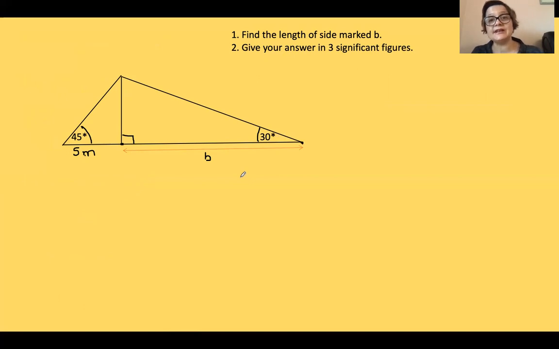And give your answer again in 3 significant figures. Now, side B is part of this right angle triangle. I'm going to label this right angle triangle ABC, just in case I need this labeling.